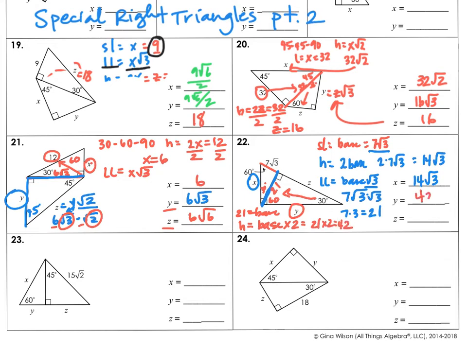So y is 42. And then to find z, that's your longer leg formula, your base, which is 21, times root 3. So 21 times root 3, which is 21 root 3.